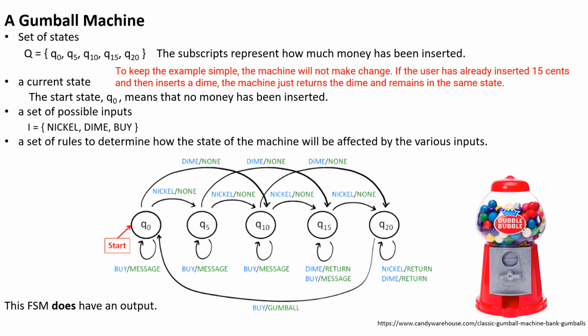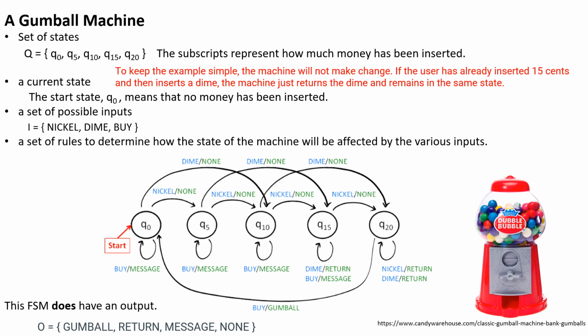But I do want to say this too. This particular finite state machine does have an output, right? Because depending upon what happens, we might get a gumball back, or some money, like our dime, might be returned. Our last coin might be returned.